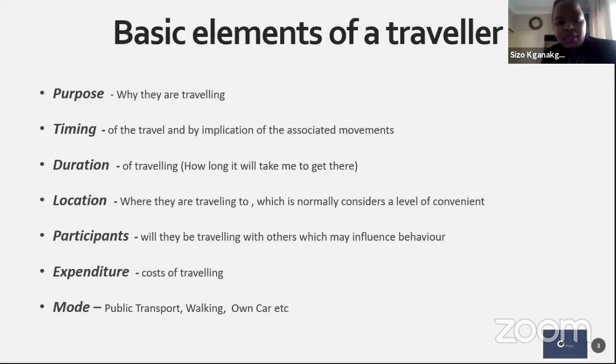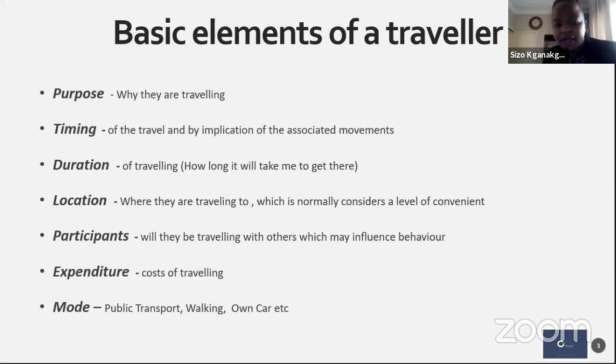And the basic elements of what a traveler actually goes through before they choose where they want to go are a couple of elements. They basically think about the purpose in terms of why they're traveling, the timing implications.